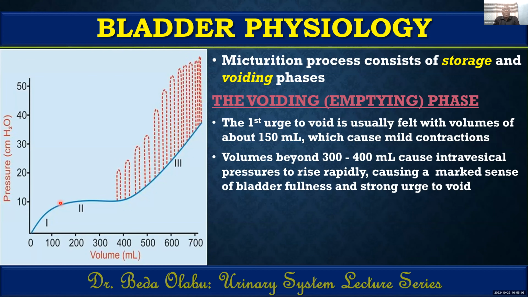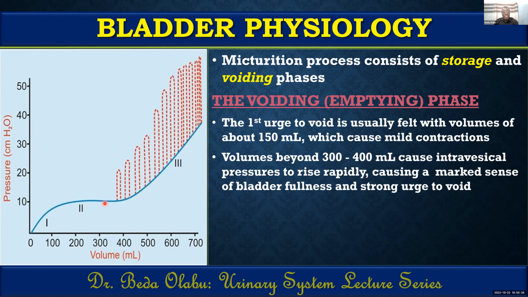So the bladder will continue to fill progressively from even that 150 to 300, 400, or slightly beyond. As the volume goes beyond 300 to 400, the pressures within the urinary bladder start to rise rapidly, sharply, or markedly.